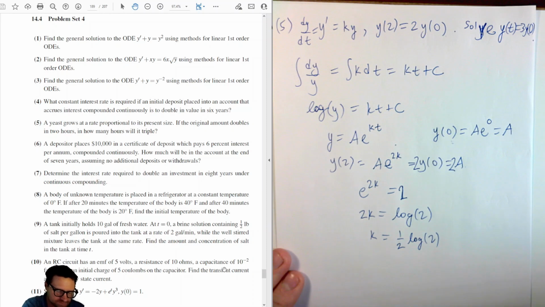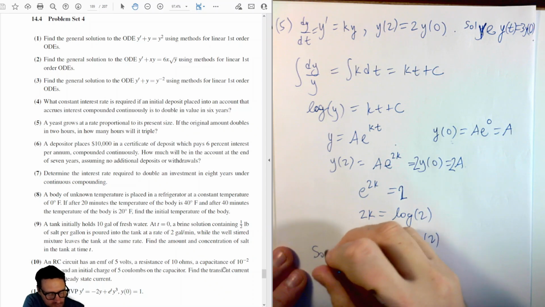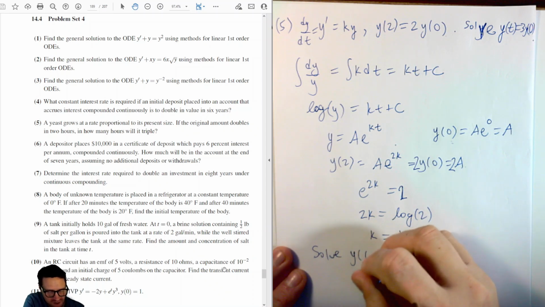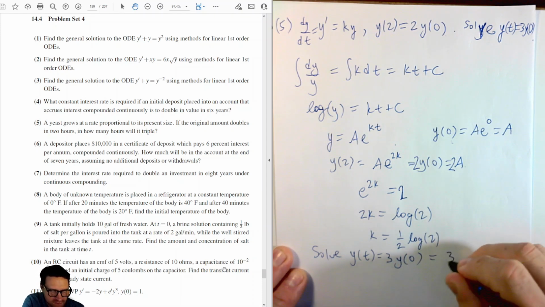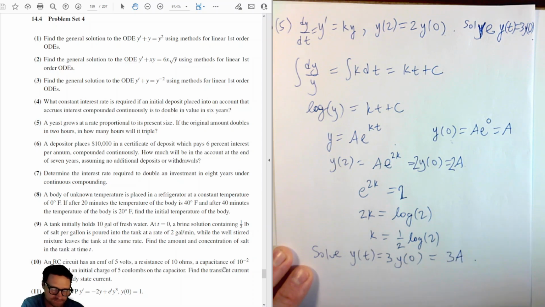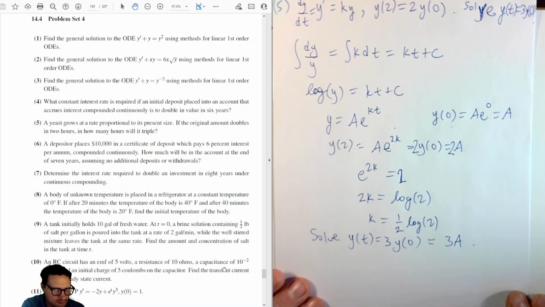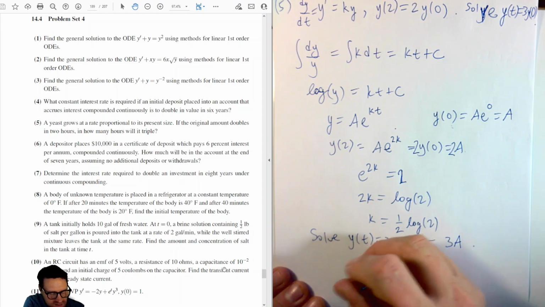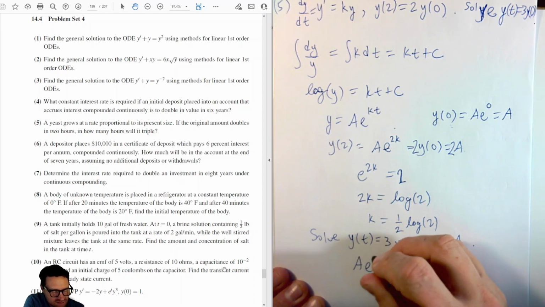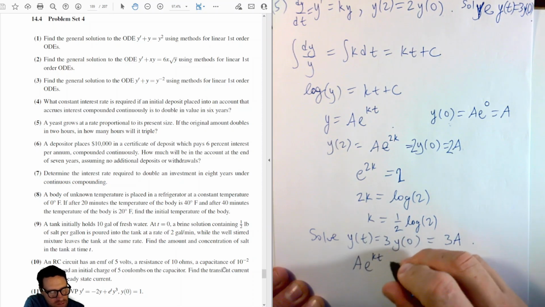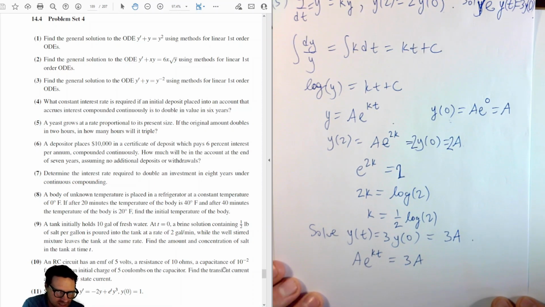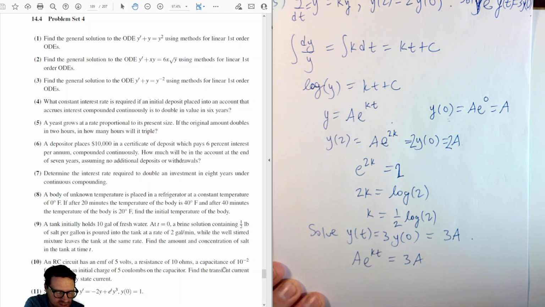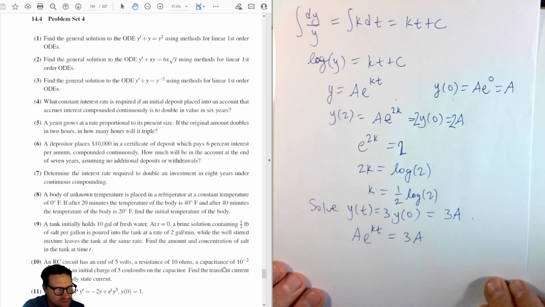but let's just use our next tool. We're solving for t. Remember, solve y of t is equal to 3y of 0, or 3 times a. Okay, and so y of t is a e to the kt equals 3a. Solving this equation for t, let's cancel the a's on both sides, assuming that's non-zero.